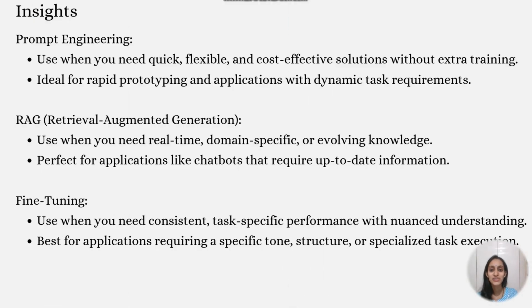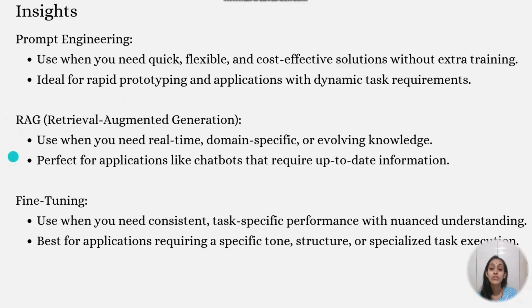The insight for today's video is that when we need quick, flexible and cost-effective solutions without providing any external knowledge, we can opt for prompt engineering and design a clear set of instructions to get the best responses out of the LLM.